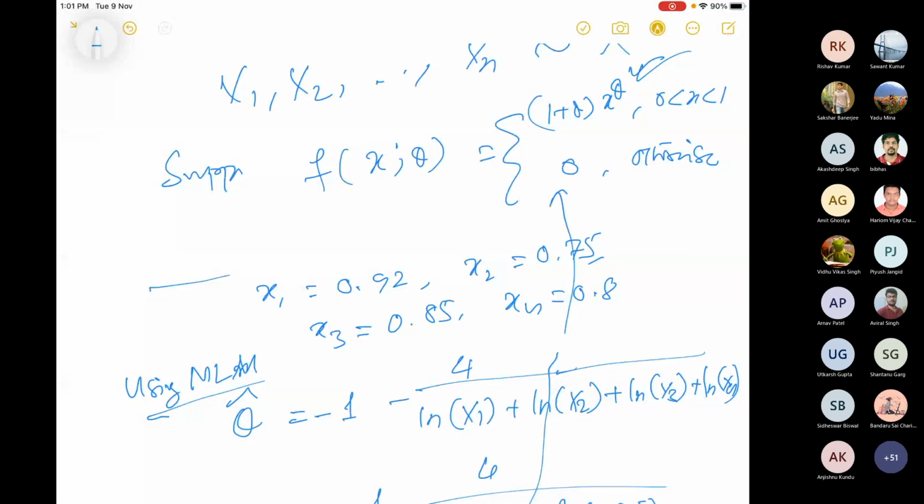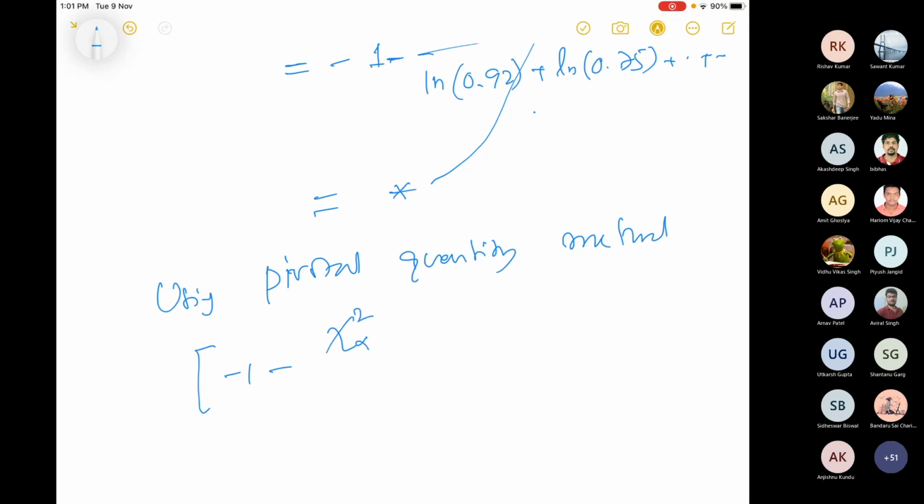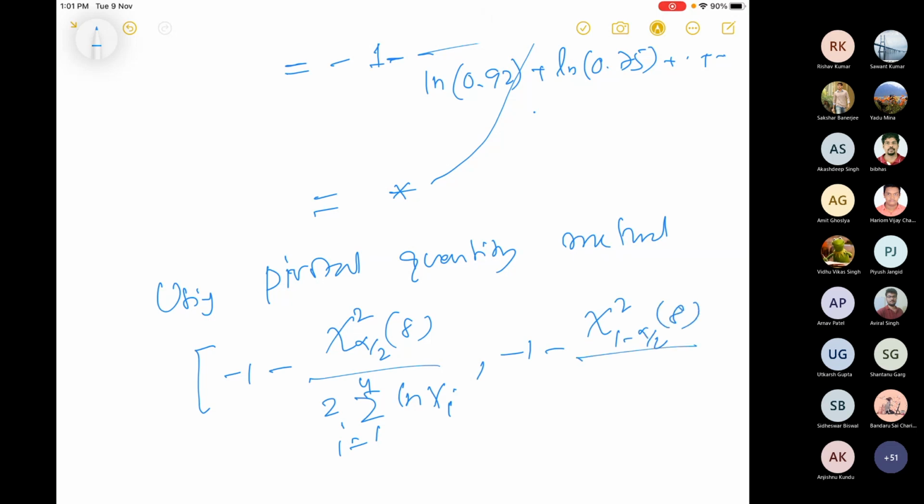Let's say I can do a confidence interval. So what will be the confidence interval? This is not normal. Using the pivotal quantity method, we can find the interval: chi square with 1 minus alpha by 2 and 8 degrees of freedom, divided by 2 times the sum over i equal to 1 to 4 of log of xi.